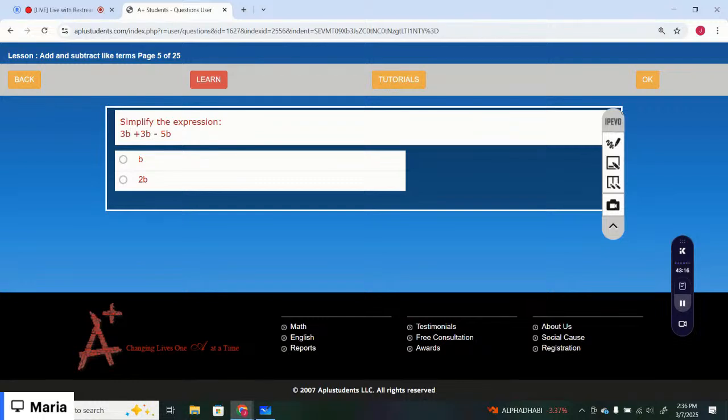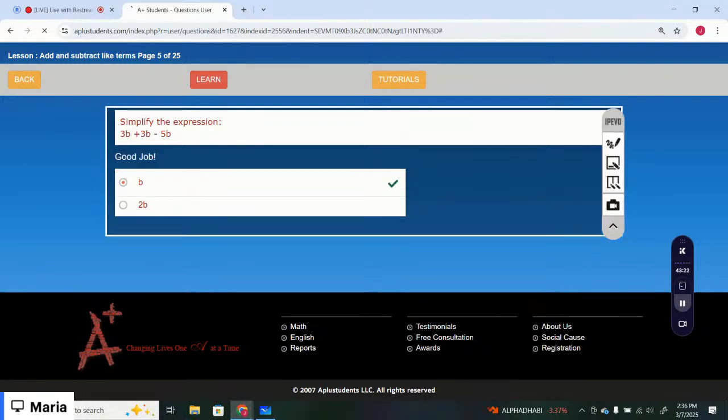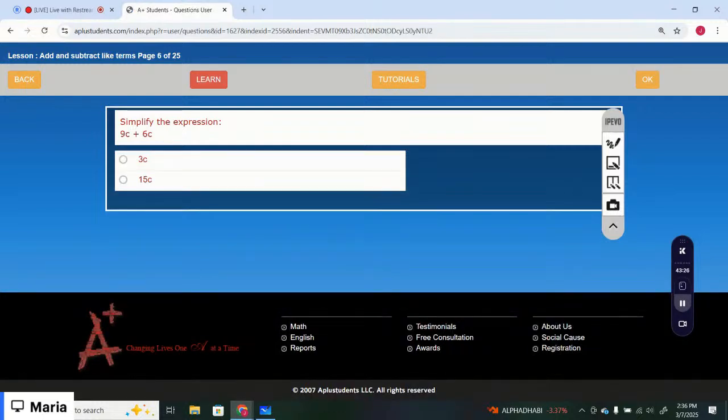3b plus 3b minus 5b. 6b minus 5b is b. Option number 1 is the correct option. 9c plus 6c equals 15c.